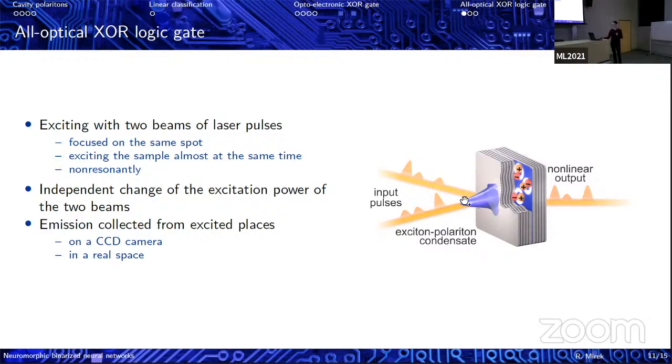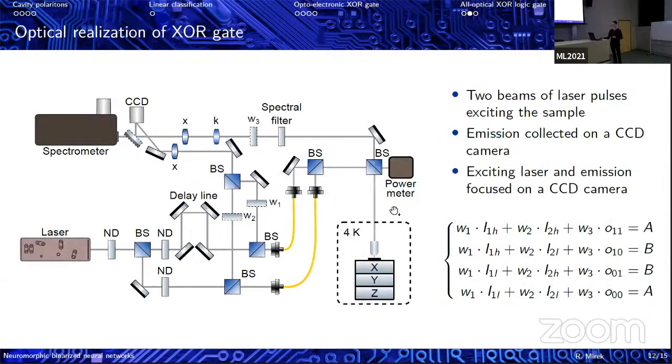They were creating the same condensate, and we were measuring the emission the same as before. And that was the experimental setup. I know that it can look complex for now, but I will try to explain it in detail.